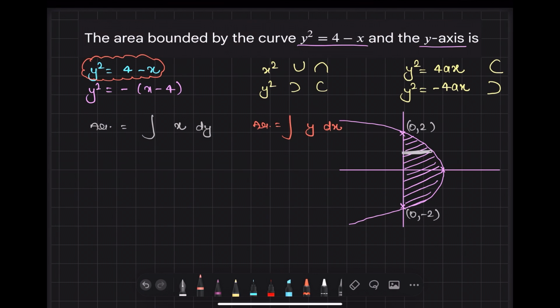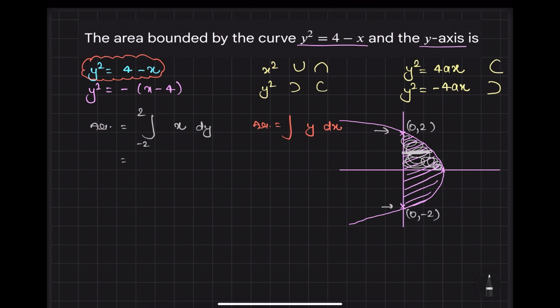Why? Because directly look at this. It should be integrated from this point to this point if you are going with the y part, from -2 to 2. And if you are going with this part, you know that you have to take the root. So you will find the area of this and then double it.